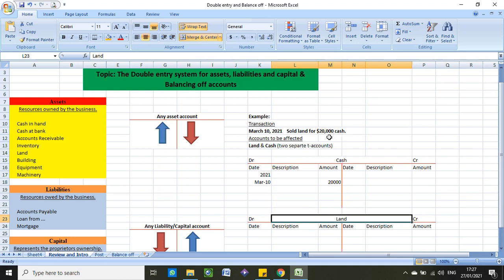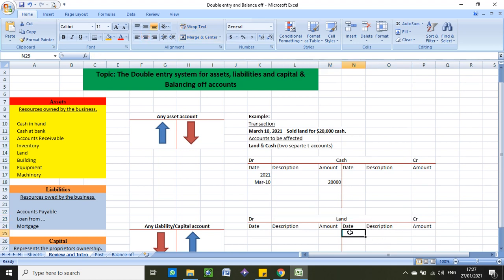Basically, we have no land or less land at this point. So we lost land. Keep in mind that land is also an example of an asset. So if we are losing land, that means that the account is decreasing. So we need to do an entry on the opposite side, or on this side of this T account.